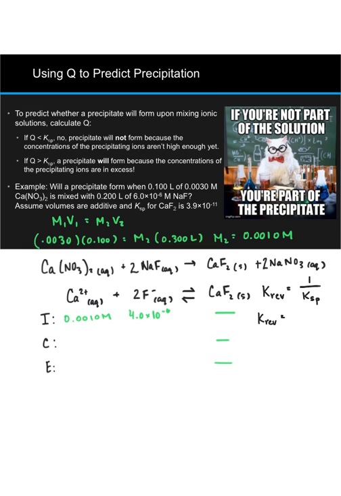Our equilibrium constant for calcium fluoride was 3.9 times 10 to the minus 11. So this reaction has an equilibrium constant that's given as 2.6 times 10 to the positive 10.